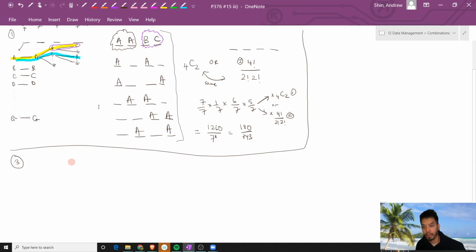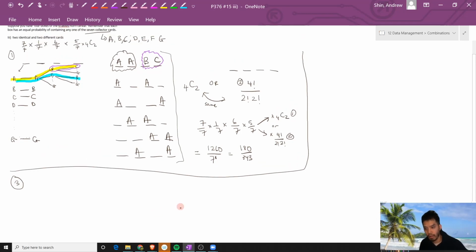So we have 7 for that first card here. We have 7 choose 1 different ways of doing this, because we have 7 cards to choose from and we got to choose one of them.